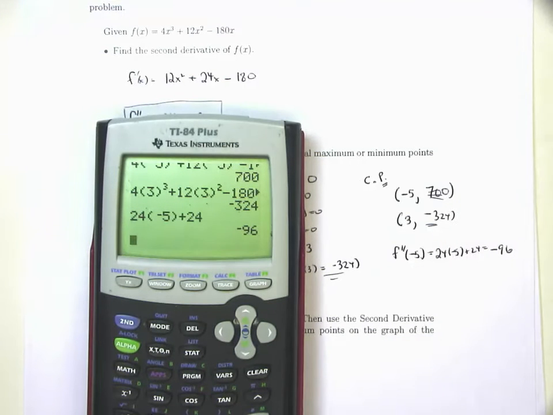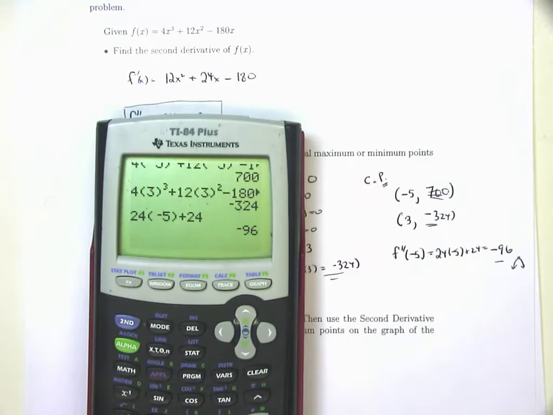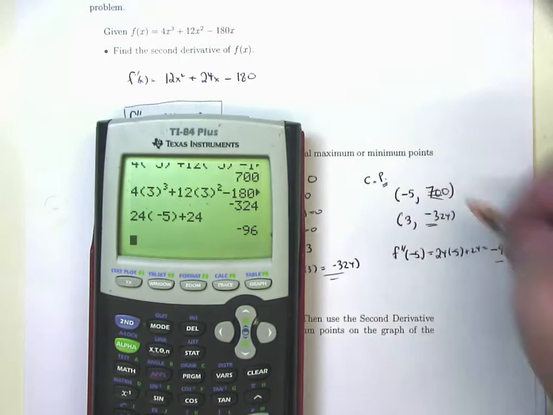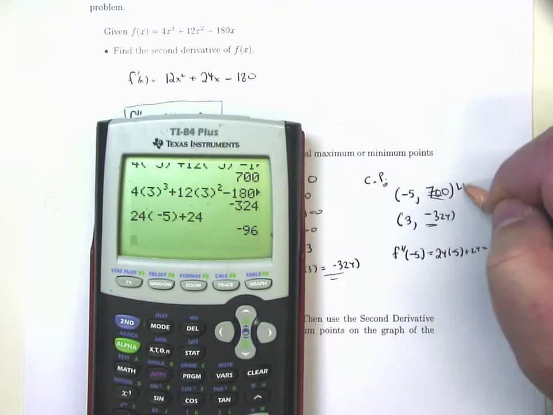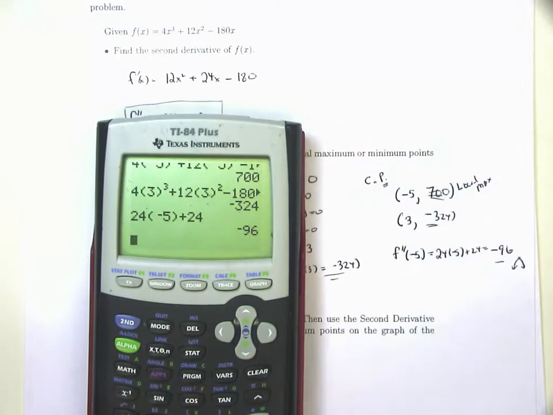I don't care what the number is. It's negative. That means I am concave down, which puts my critical point at the top. So at -5, 700, that is going to be a local maximum by the second derivative test.